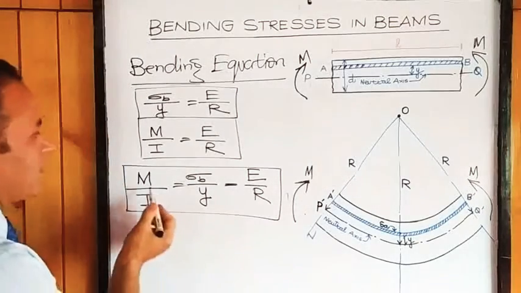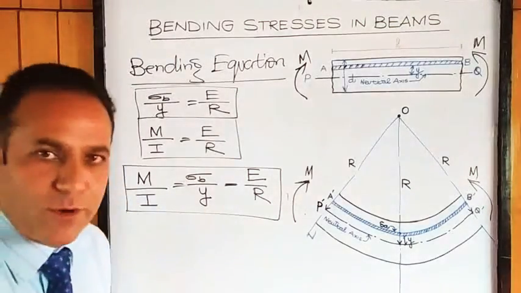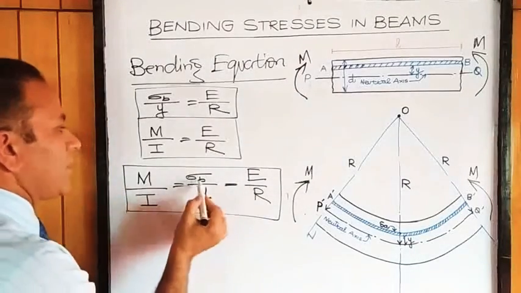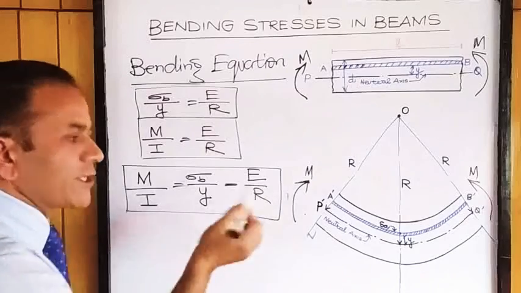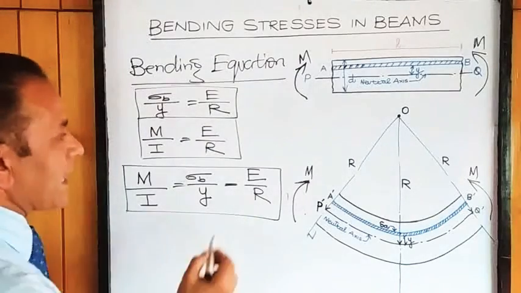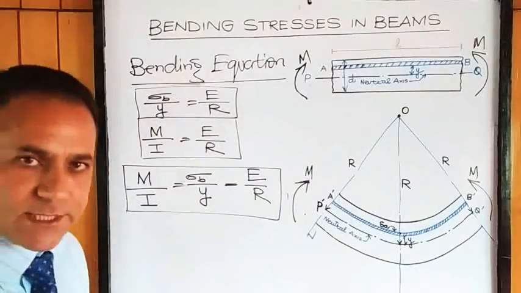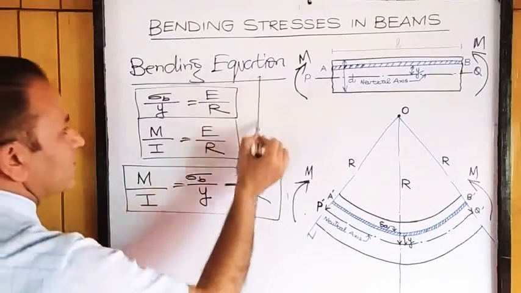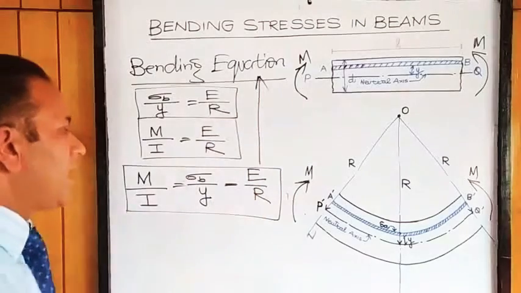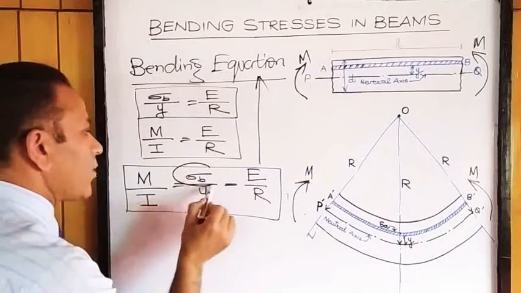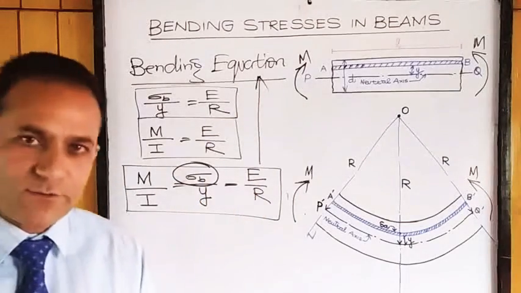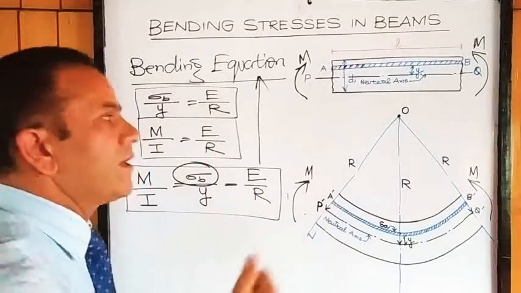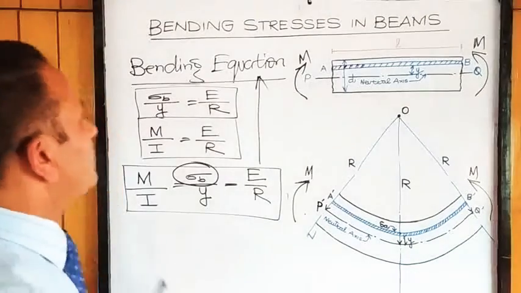Out of this, M is the bending moment or the moment of resistance of the section, I is the moment of inertia of the section, bending stress sigma B, Y is the distance of the fiber from the neutral axis, E is the modulus of elasticity, and R is the radius of curvature. This equation is known as bending equation, and from the help of this equation, we calculate bending stress along the cross section of the beam.